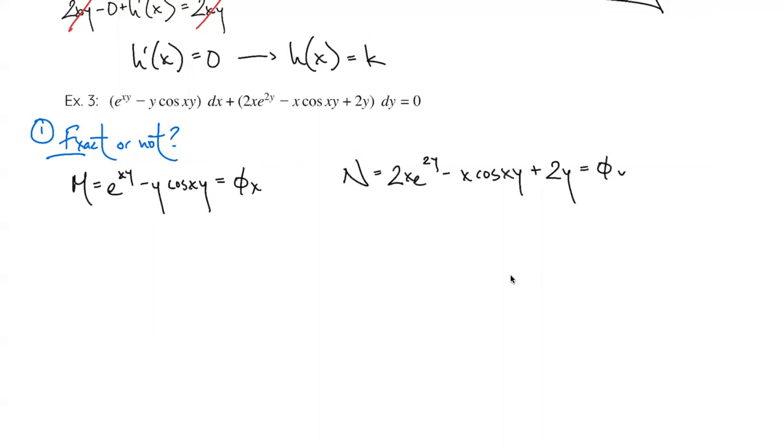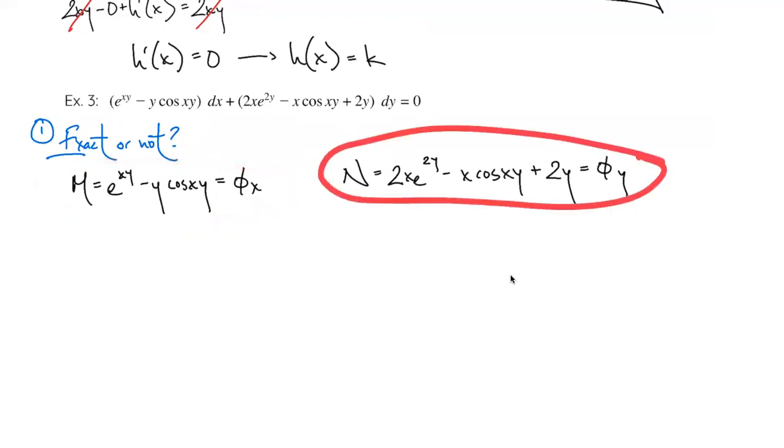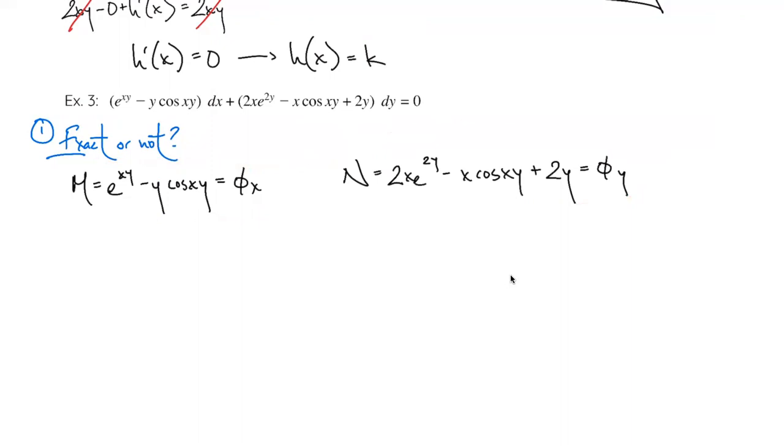We want that to be phi sub y, all right? Now, to determine if it's exact or not, we're going to take a second derivative over here with respect to y and over here with respect to x. So we end up with M sub y or phi sub xy equals, all right, now remember, the y's are the variables, okay? The y's are the variables.